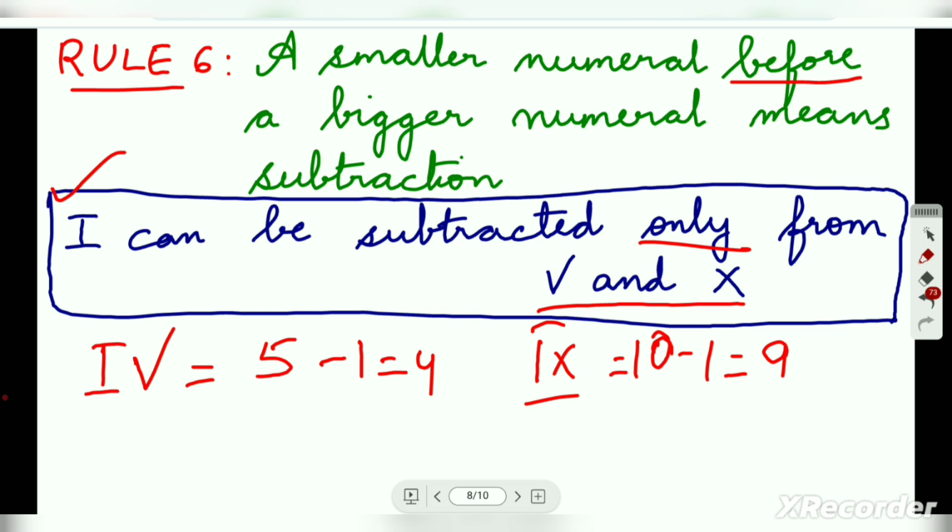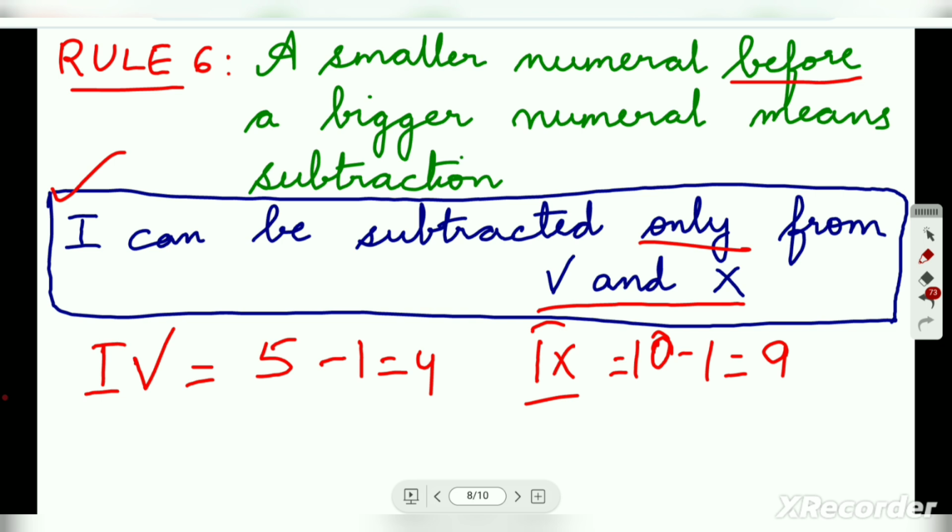I cannot be subtracted from L, D, M, whatever it is. It can be subtracted only from V and X. Clear? I cannot simply be subtracted from every Roman numeral.